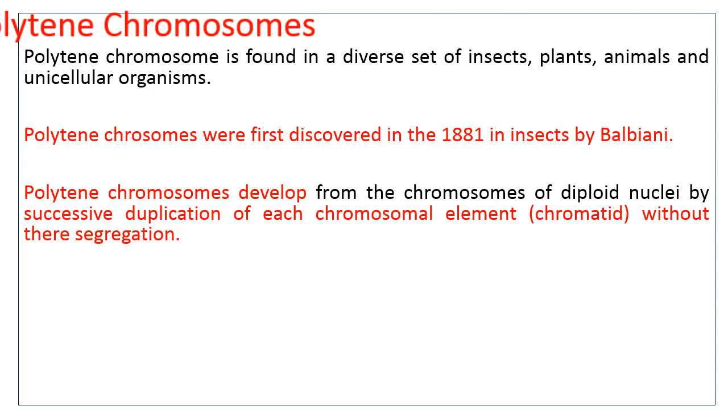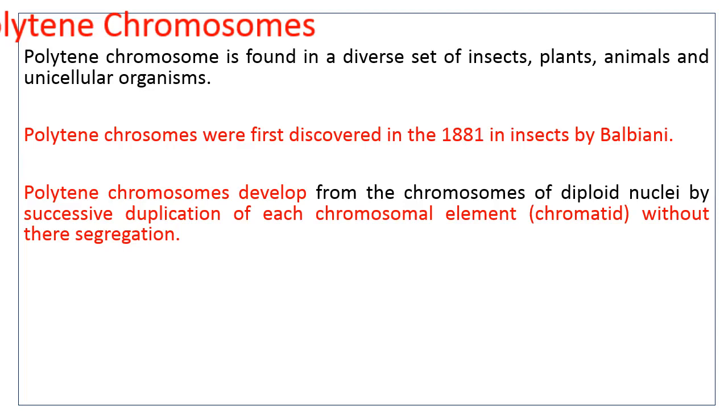Before the division, every chromosome duplicates itself and both copies remain attached at the centromere, and these are known as sister chromatids. But polytene chromosomes develop due to the duplication of chromosomes while the cell does not divide into two cells.